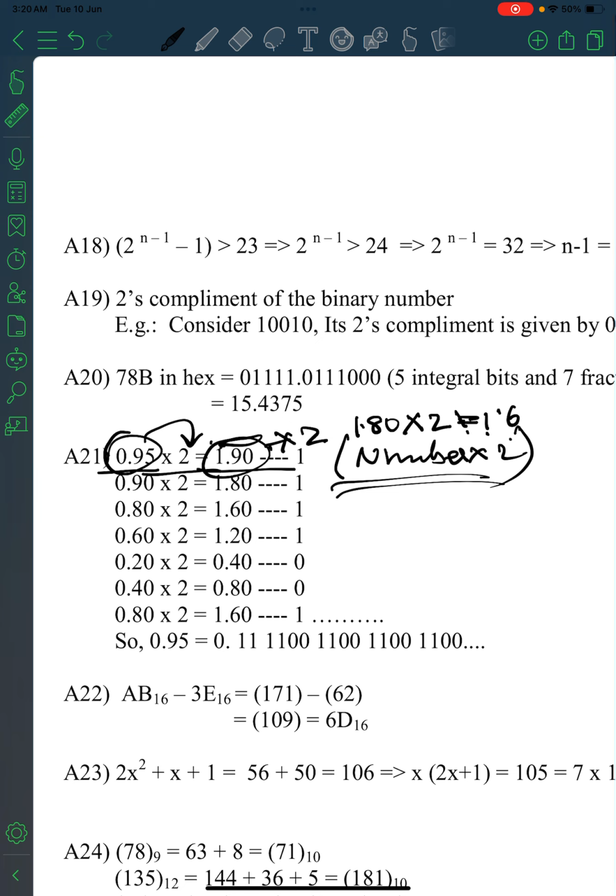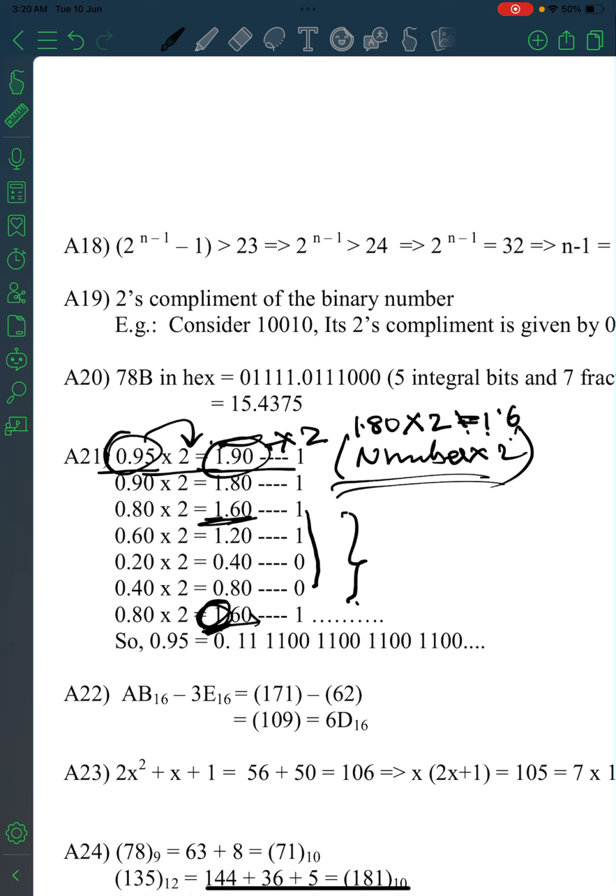Here the fraction doesn't stop. Endlessly it will keep repeating the same again and again. If you look into it, 1 1 0 and again we get 1.60, so it doesn't matter what the value is, it again repeats the same.